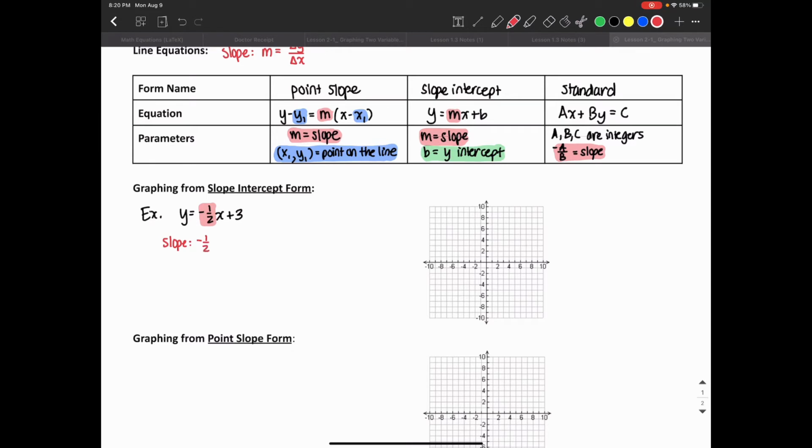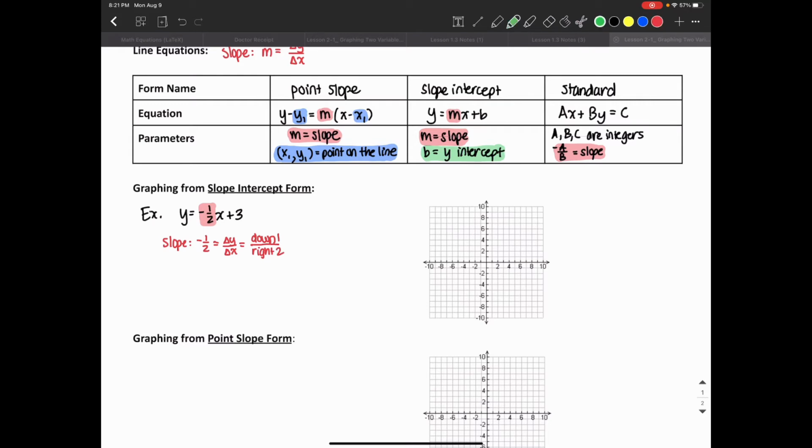And I know the change in y over the change in x tells me how I'm moving on the graph. Change in y is up and down, so I'm moving down 1 since it's negative. Over 2 tells me the change in x, and it's positive, so I'm moving right 2. X tells me left and right, sorry.